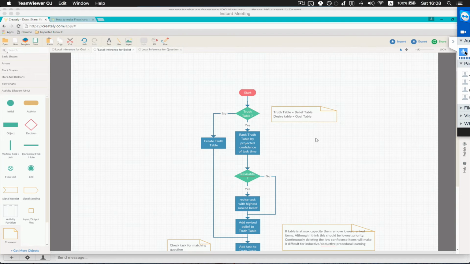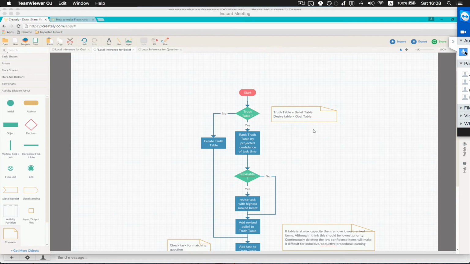And then, in terms of reasoning about this in future, should we stick to one pairing? Well, that's what I'm saying. I personally think truth table, desire table makes the most sense.